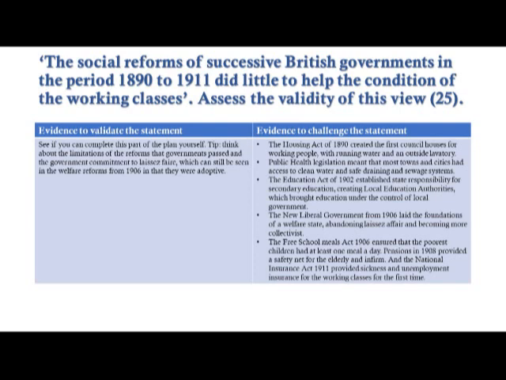They introduced medical inspections for children in schools. They introduced a children's charter, which, amongst other things, made parents legally responsible for the upkeep of their children. For the elderly, of course, they introduced old age pensions, 5 shillings a week to those elderly people over the age of 70.